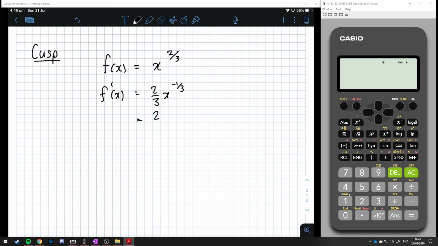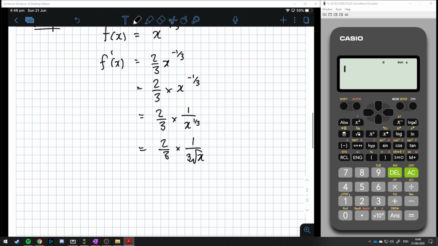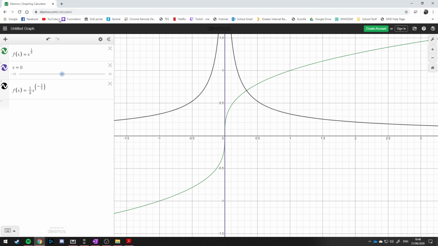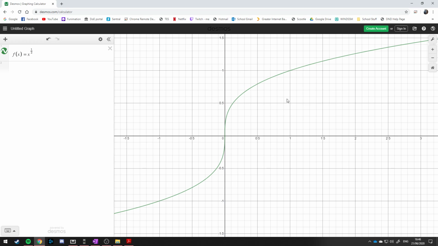So again, 2/3 times x to the negative a third, which is equal to 2/3 times 1 over x to the third, which is equal to 2 over 3 times 1 over the cube root of x. Putting it together, we get 2 over 3 lots of the cube root of x. And again, x cannot be equal to 0 in this case. So we're going to have another issue here too. And in this situation, it's not going to look as nice as this one here.